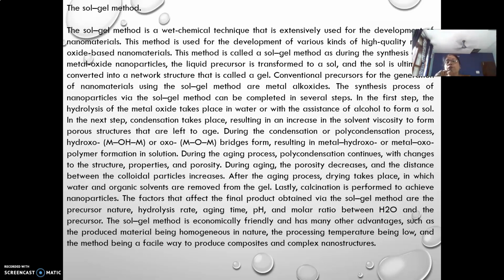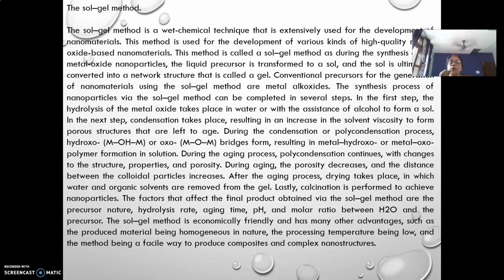After the formation of the sol, in the next phase you allow different types of salts to mix, or you allow the solution which contains different types of materials, A, B, C, etc., which you want to combine to get ABC material or ABC nanomaterial.